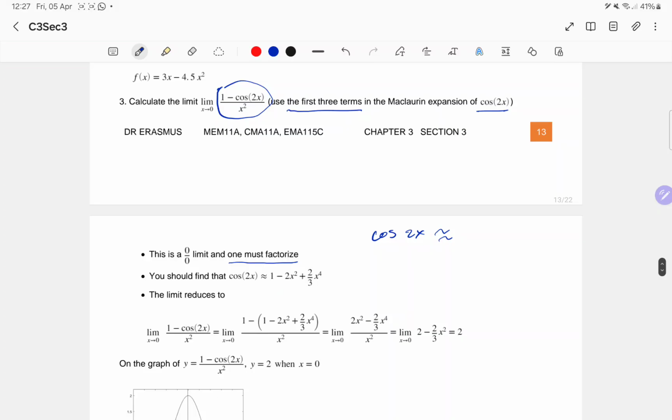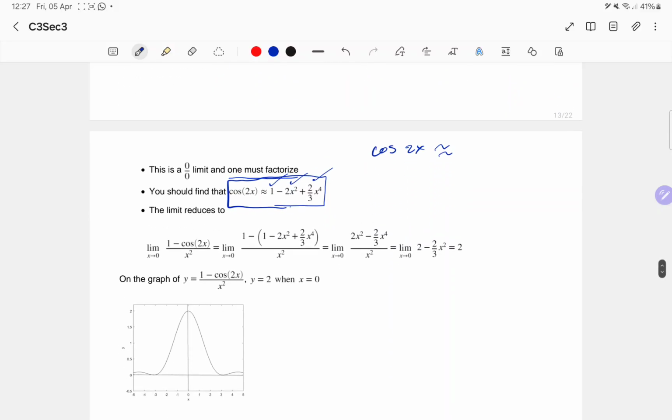So you should be able to find this cos 2x. So you're supposed to have 3 terms because we used the first 3 terms of the Maclaurin expansion of this.